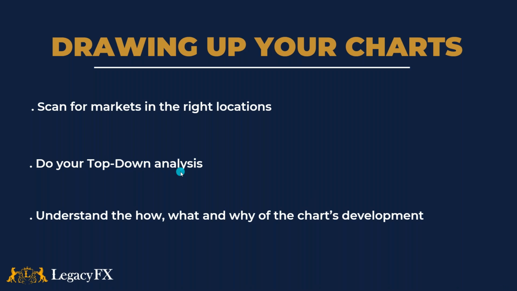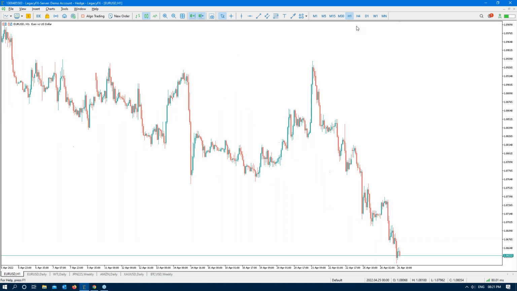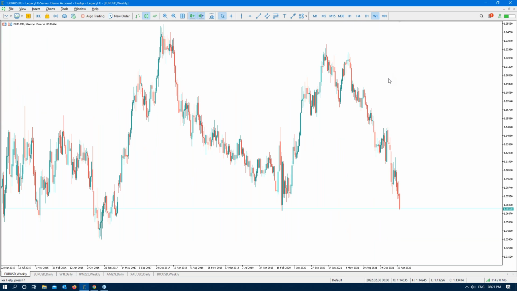So what is top down? Regardless of what time frame you trade in, whether 5 minutes, 30 minutes, 1 hour, 4 hour, it doesn't matter. You start at the highest time frame that is important for you to look at. If you trade 5 minutes, do 30 minutes and 1 hour. If you trade in an hour, do 4 hour, day, or day, week.